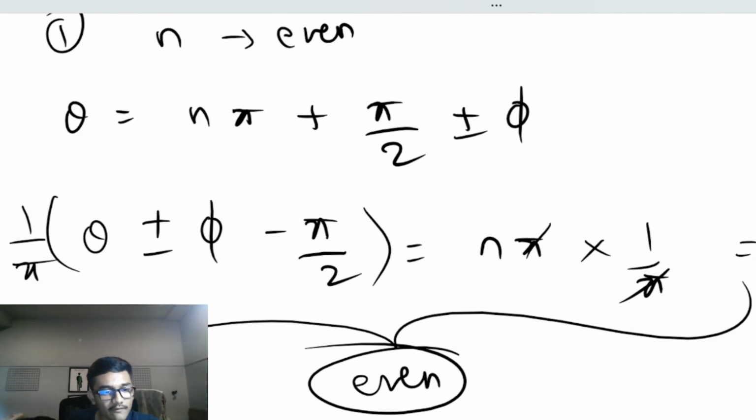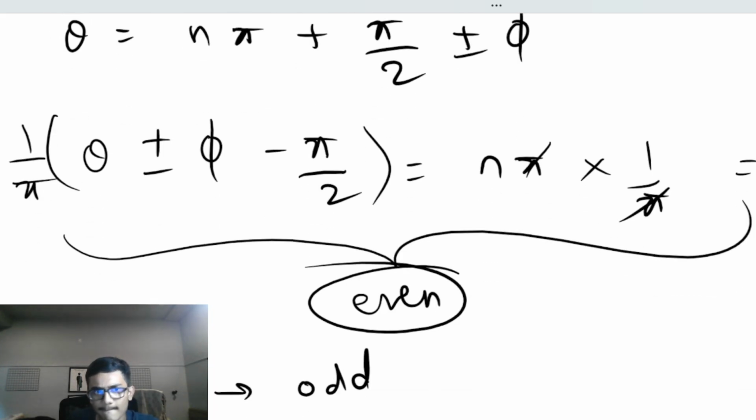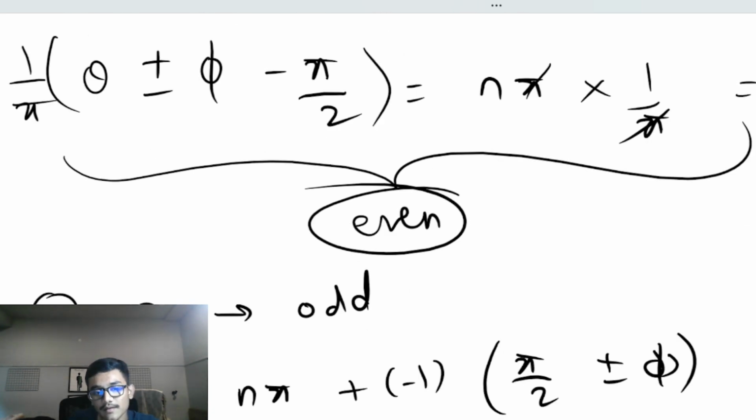Let us check for odd ones too. If n is an odd number, theta is n pi. Now this thing will become minus 1 times pi by 2 plus or minus phi. Similarly, n pi minus pi by 2 and minus plus phi.